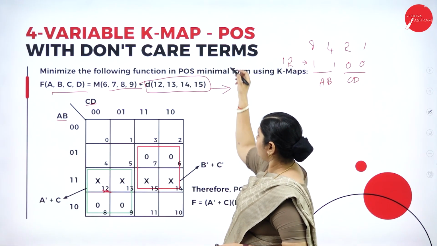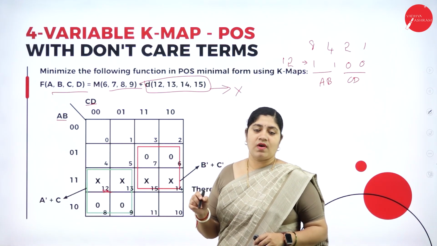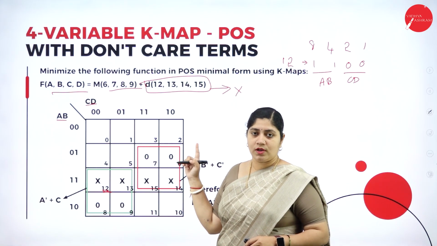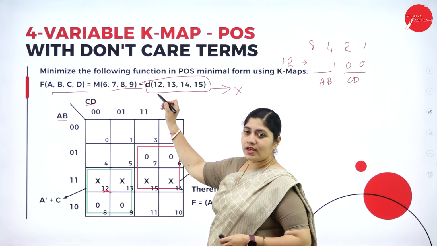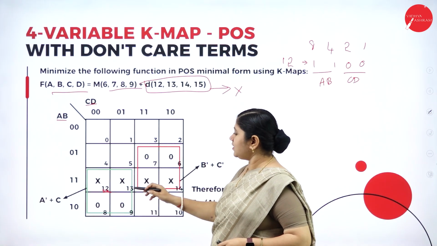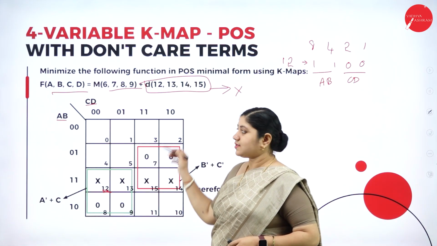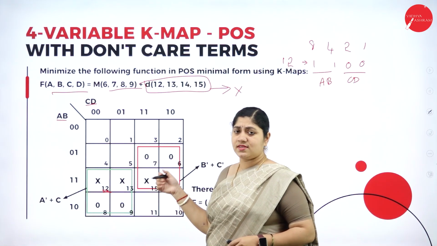Whether it is SOP or POS, whatever it may be, you have to represent don't care values by X only. So now let's start doing it. It is 12. So we have got a 12 here followed by 13. Next 14. Where is 14 here? We have written X and again for 15, X is done.